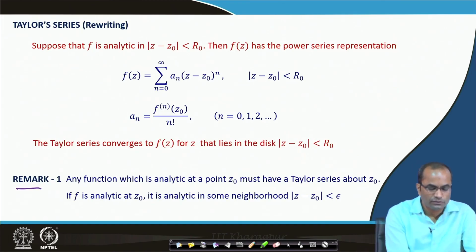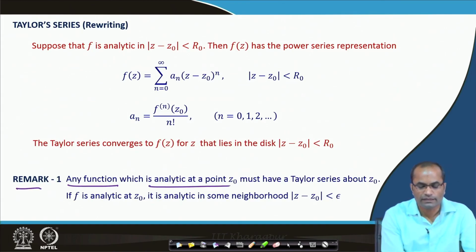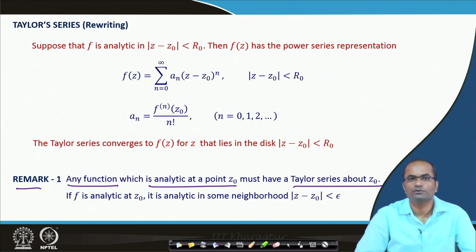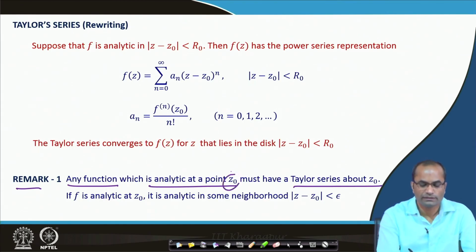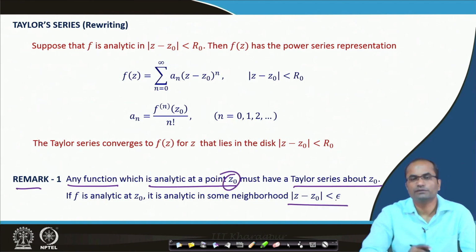Now, some remarks. Any function which is analytic at a point z0 must have a Taylor series about z0. So, that is also important, that suppose we know that the function is analytic at a point, we have no other information about the region of analyticity. But we can write down its Taylor series, because when we know that the function is analytic at a point z0, there must be some neighborhood |z minus z0| less than epsilon.